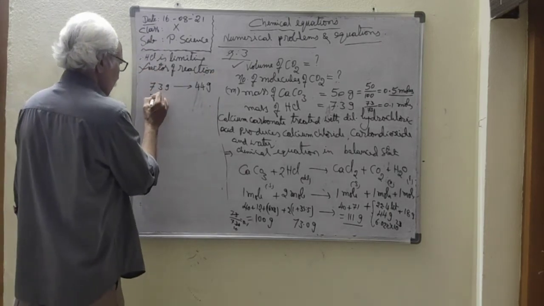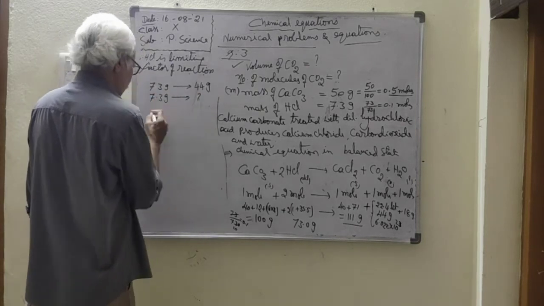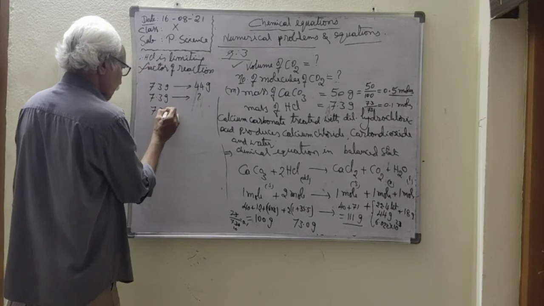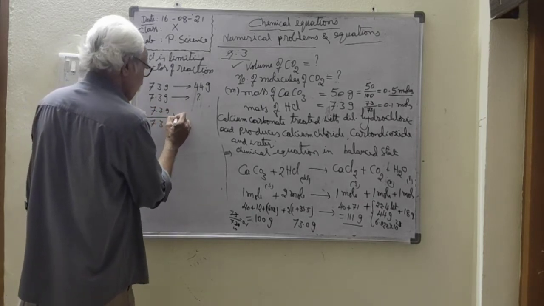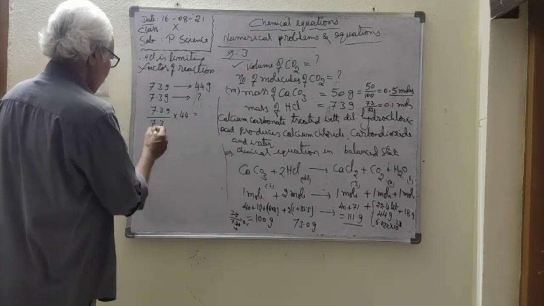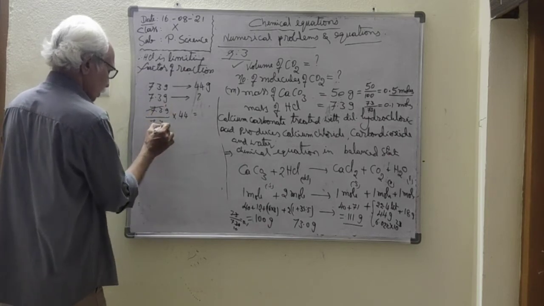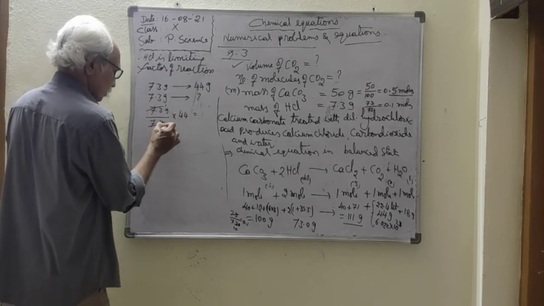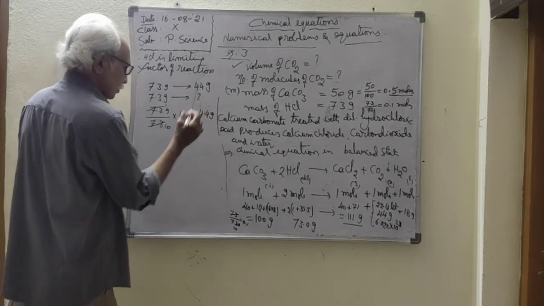So 7.3 gram produces how much? 7.3 gram by 73 into 44 grams, so the answer is 4.4 gram.